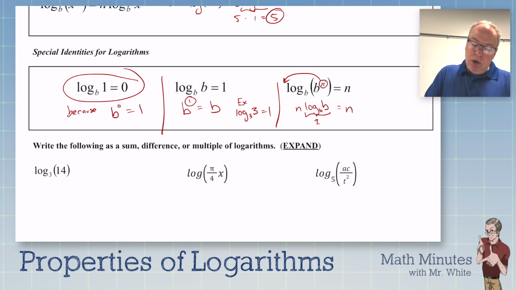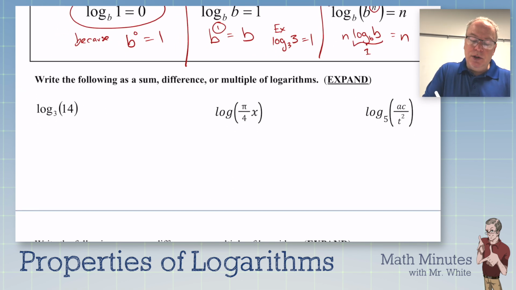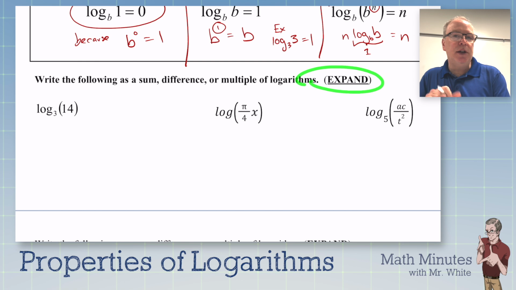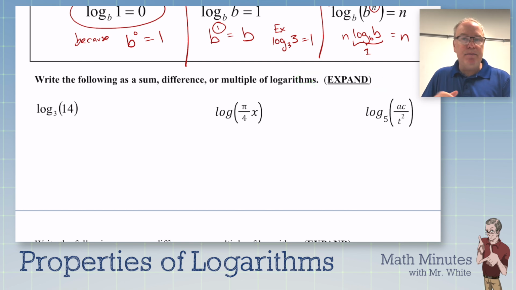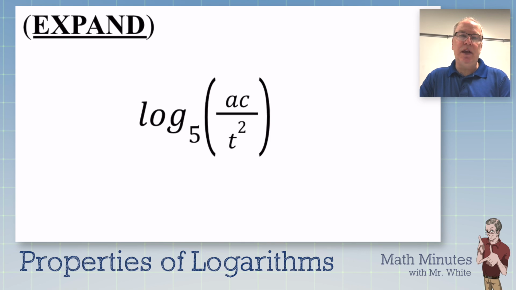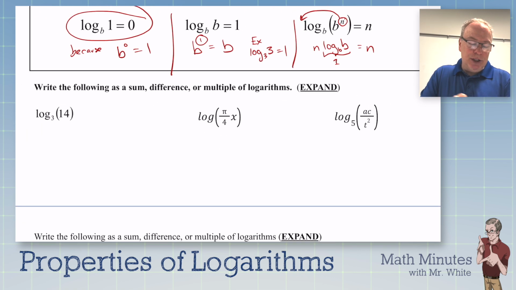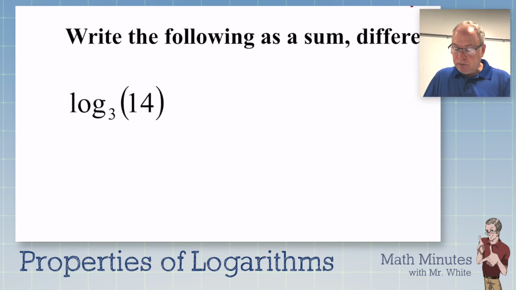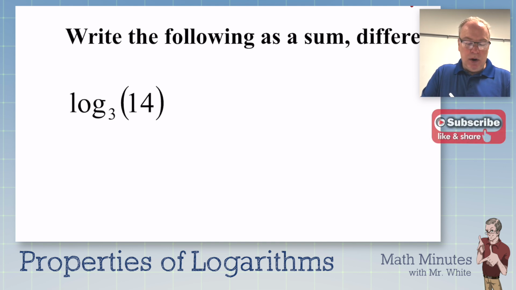Okay, so the next process that we're going to do is called expanding. And you've been watching me do this a little bit, but sometimes they get a little more complicated when you have several things going on. So we're going to be expanding this logarithm. So how could we rewrite 14? 14 is 7 times 2, right?